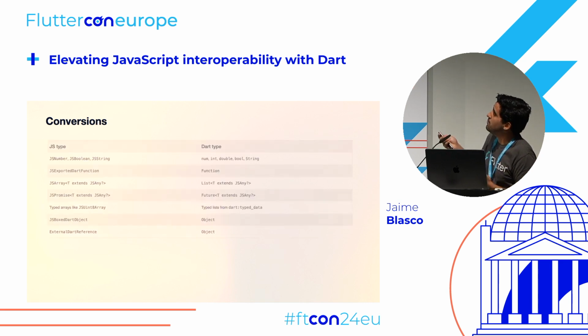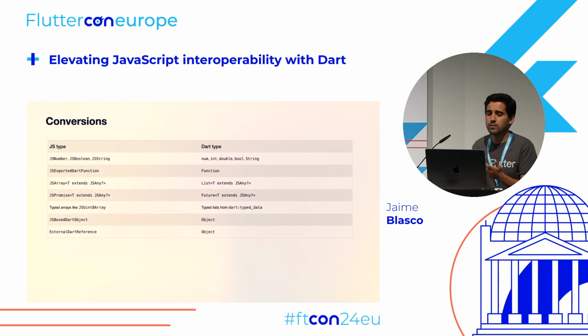We are going to show a table here, and I think it's quite straightforward. JSNumber can be converted to num, int or double. JSBoolean to bool, string to string, function to function, array to list, promise to future, typed arrays to typed arrays, and then the reference of Dart objects in JavaScript can be converted to generic objects in Dart.